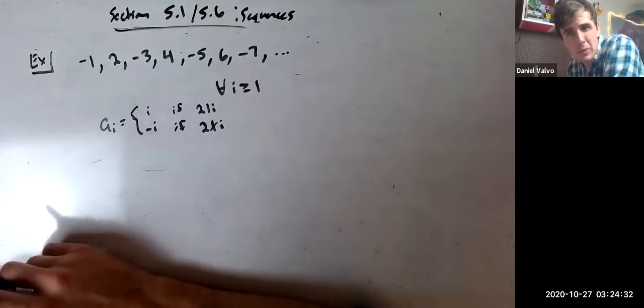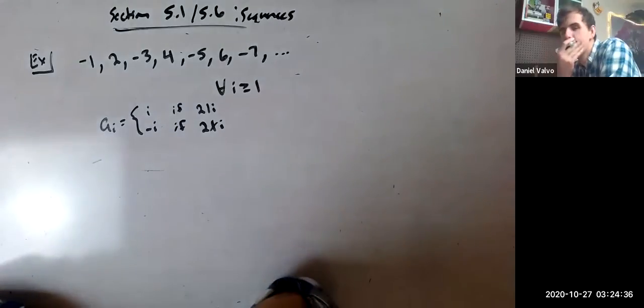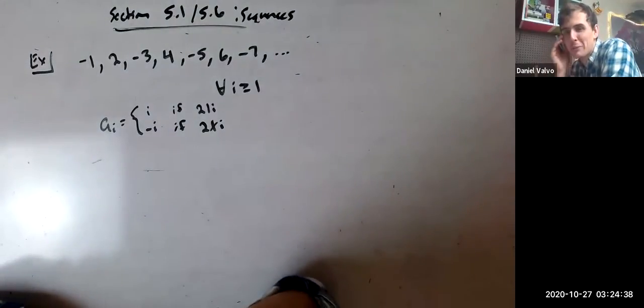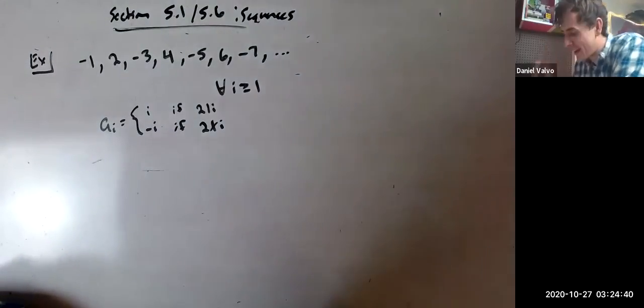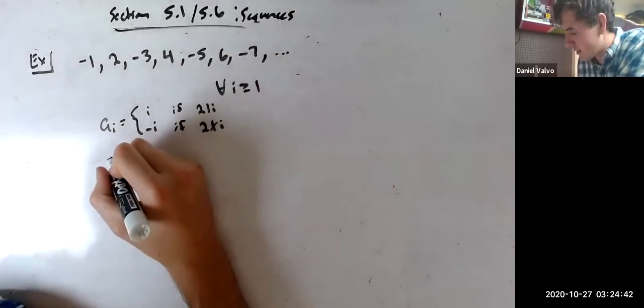Or you could write it piecewise like that if you remember piecewise functions. But that's very unsatisfying to me. A piecewise function where you don't need it feels like a failure. There's a really easy way we could write this.